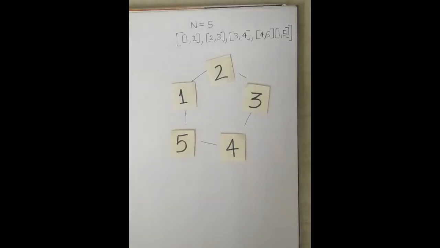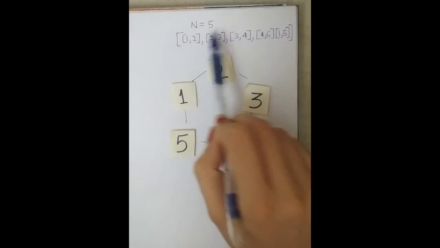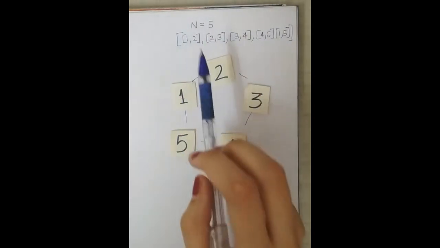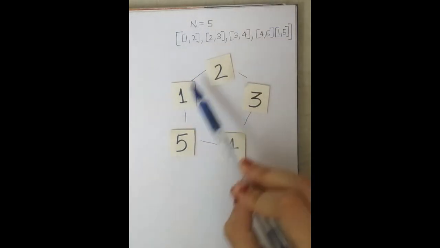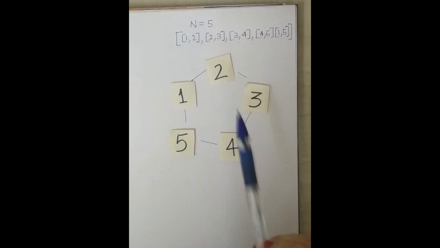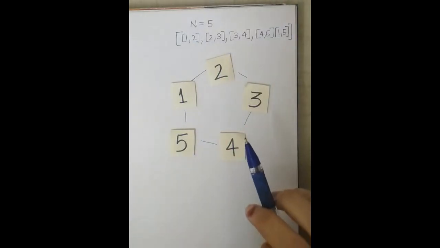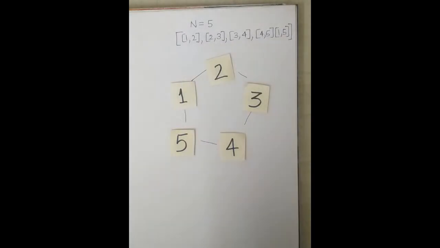Moving on to the next example, we can see that here the number of nodes is 5 and this is the dislike or the edge array, and it is intuitive that seeing a cycle, it is not possible to bipartite this graph. So let's check if our code agrees with our intuition or not.